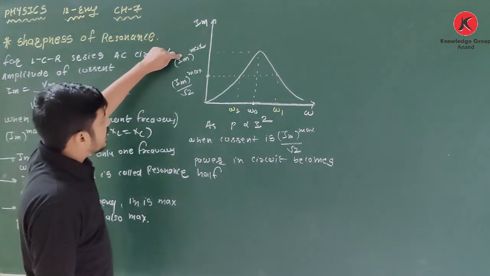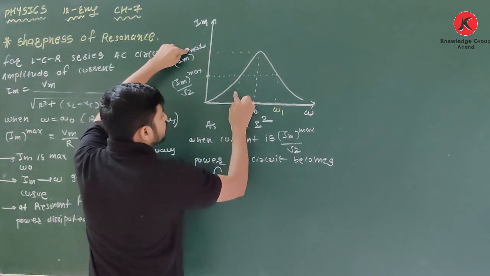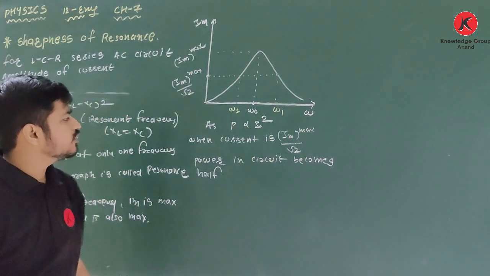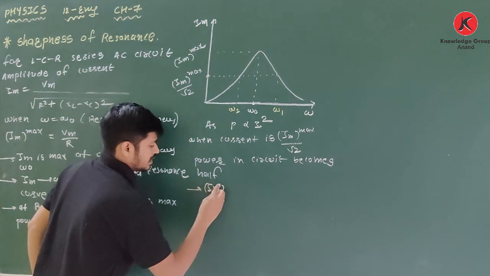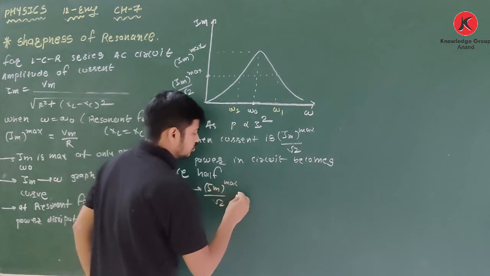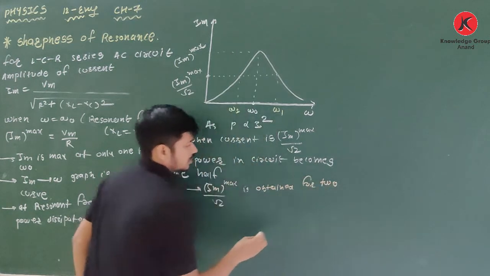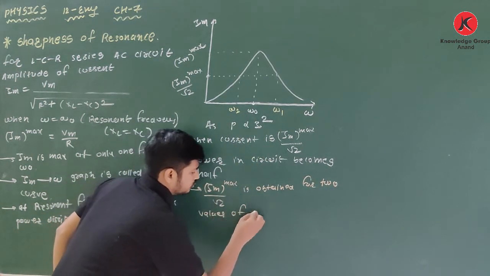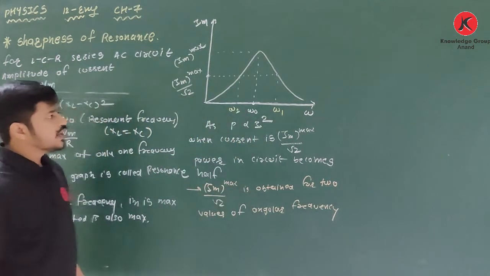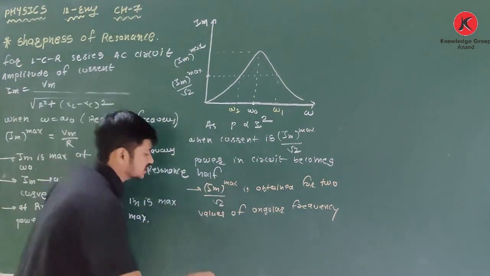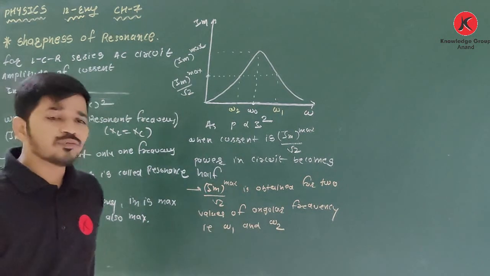Im maximum is possible at only one frequency, omega 0, but Im maximum upon root 2 is possible for two different values of angular frequency, omega 1 and omega 2.